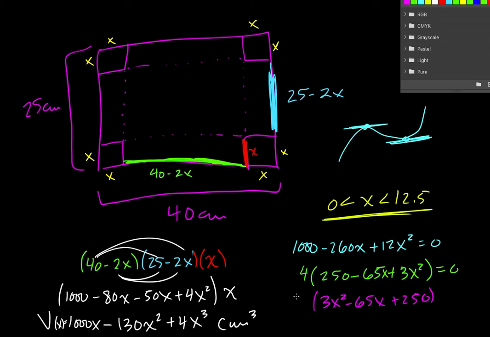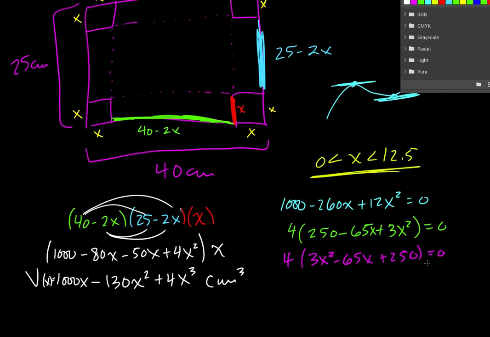And that's multiplied by 4. Now we can use our quadratic methods to solve this for x. You can factor it, or you can plug it into the quadratic formula. Either way, I'm not going to go through that right now. Maybe I will. Yeah, let's do a refresher.